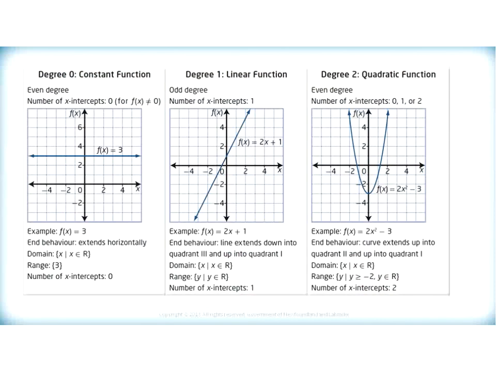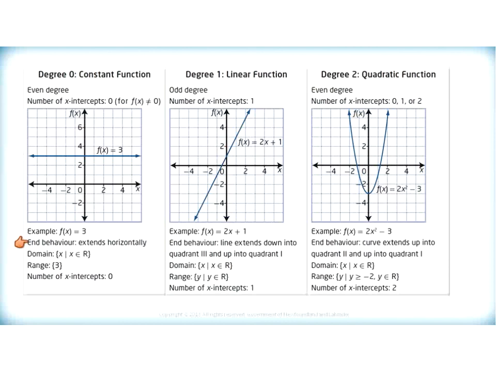To summarize what we've covered today, you can have a constant function, which is of degree 0, and it's considered to be an even degree. An even degree function with a degree of 0 has a maximum number of 0 x-intercepts. The function will not cross the x-axis unless it is the x-axis itself. So an example here would be f(x) = 3.